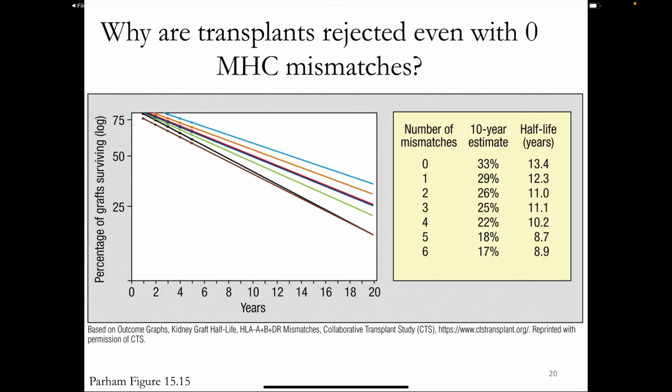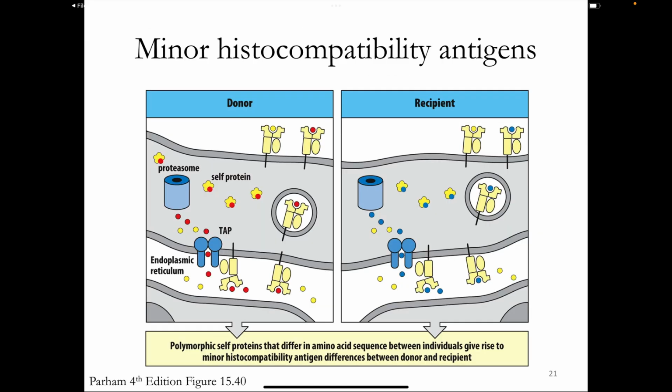Maybe some actin protein looks a little different from some polymorphism. It could be literally anything. It could be the thing involved with your eye color. Think of a protein, it could be different between two individuals. And so all of those different proteins could also be antigens in this case.